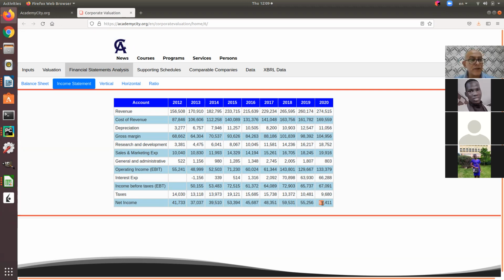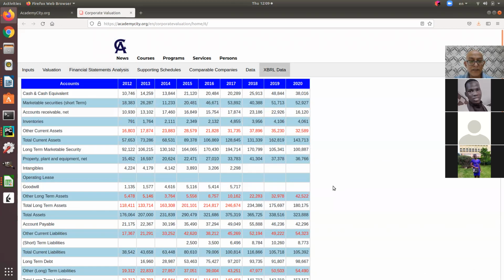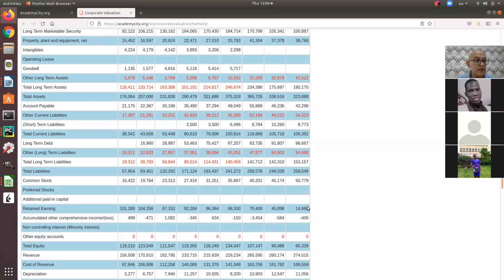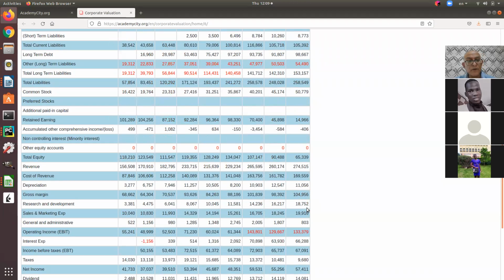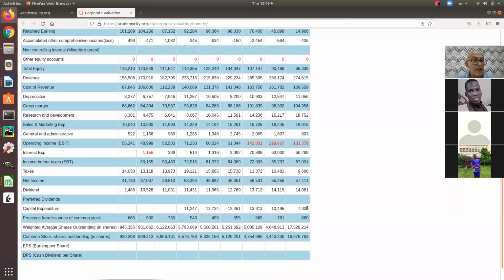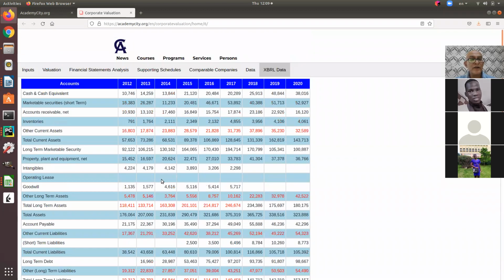But let's try to pull the data for Apple. That's why pulling the data is so essential. As I said, this is a work-in-process project, and we really should make sure that we put the data for Apple for additional paid in capital, and that could shed light on what happened to the difference we just saw a second ago.